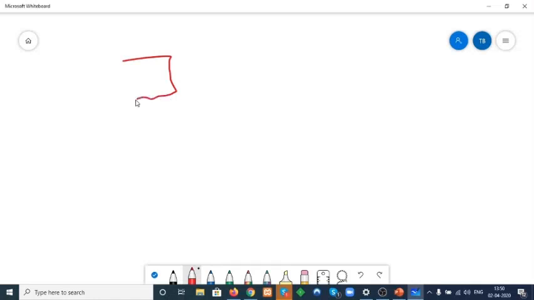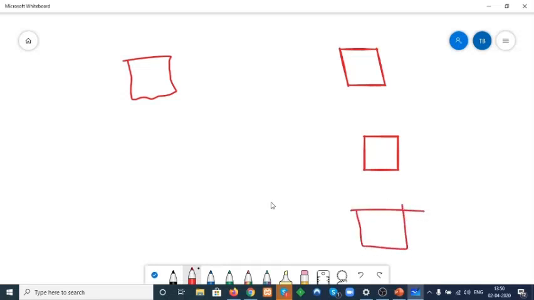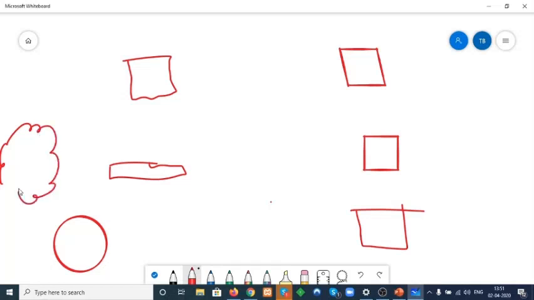This is a device, and I am not good at drawing. This is a device, this one is also a device, and this one is also a device. This is a switch, this is a router, and this is the internet.